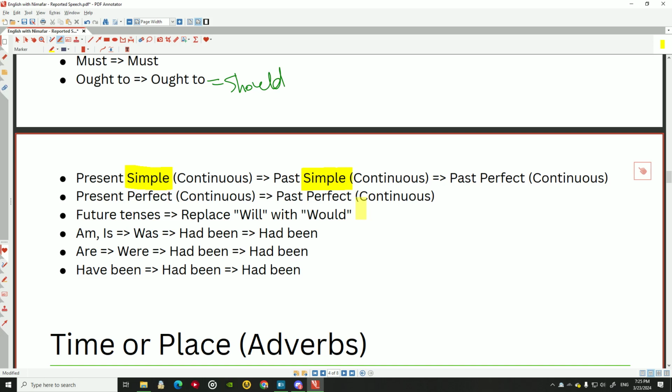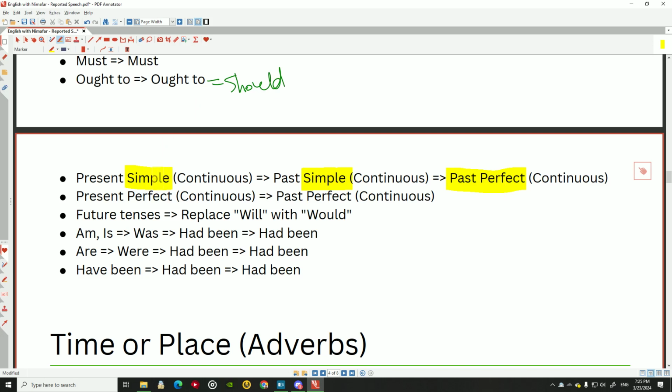But we don't have anything else before past simple that uses the simple word. So we say past perfect. We go one tense back, one after each other. Present simple, past perfect. Or present continuous, past continuous, past perfect continuous.